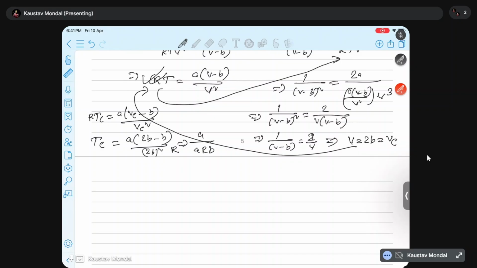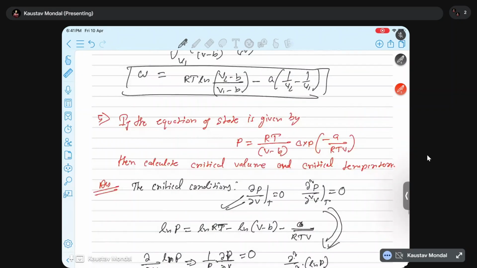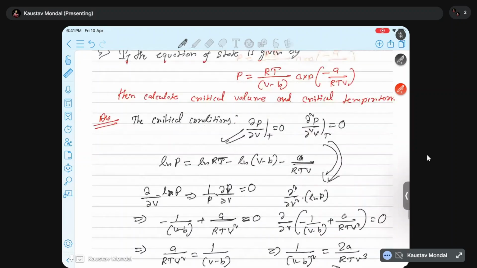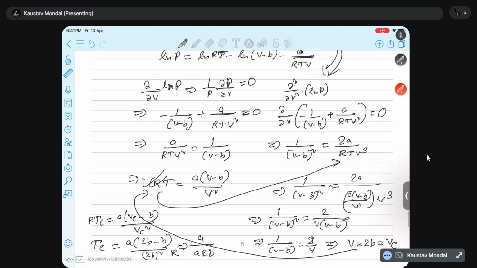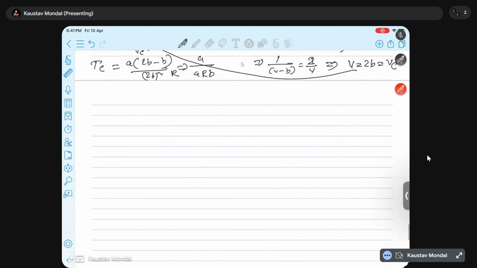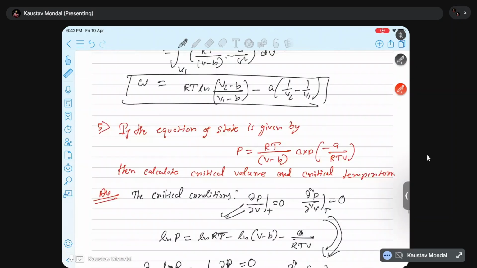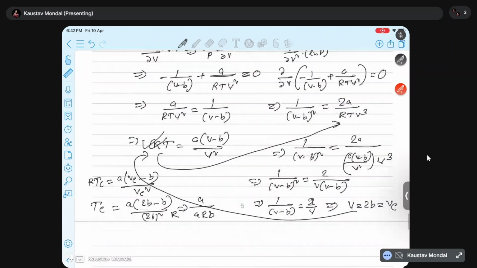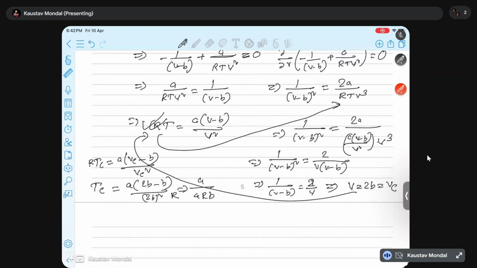Tc is A by 4Rb. See, now you have to solve this problem. You have to take the conditions, compare those two conditions, and from there itself you can get the critical point.